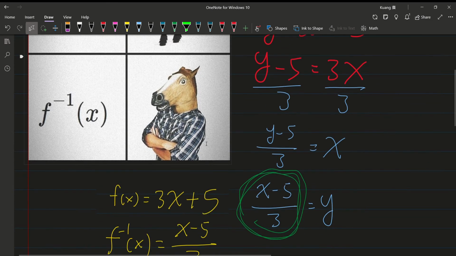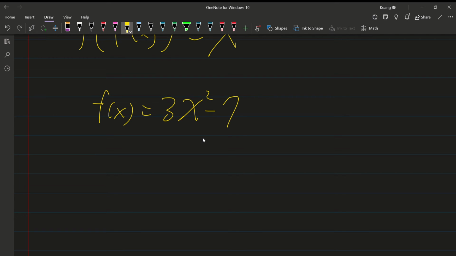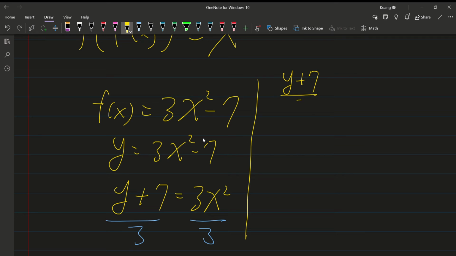But sometimes you will get a harder one, like f of x equal 3x squared minus 7. So y equal 3x squared minus 7. You move negative 7 to the left hand side, so y plus 7 equal 3x squared. And then you divide both sides of the equation by 3. So you get y plus 7 over 3 equal x squared.